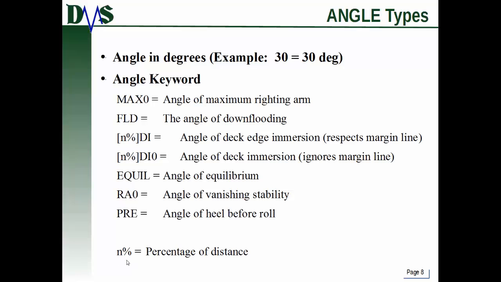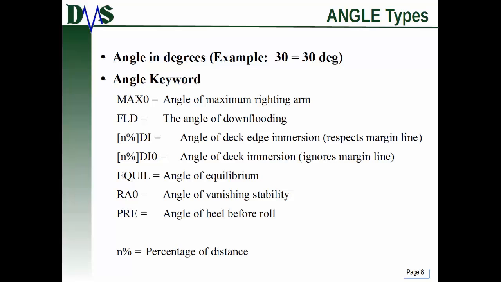So if 5 degrees was the point at which the margin line would submerge, if you typed 50% DI, then it would give that as the angle of 2.5 degrees. So that's how that works. Now you can also type DI0, which is the actual deck edge immersion, ignoring the margin line.